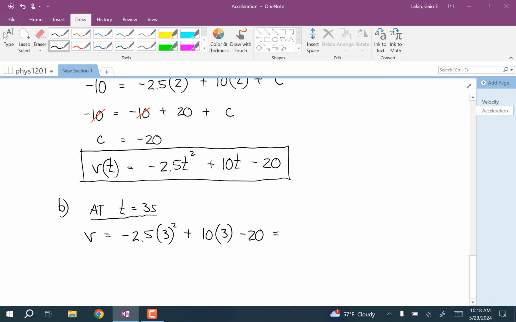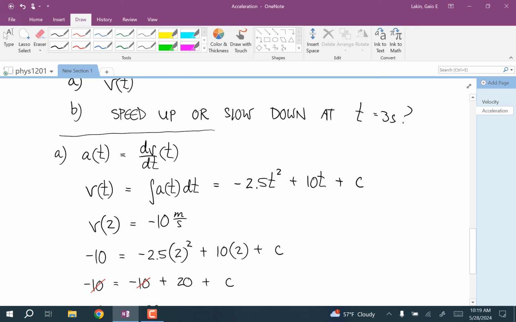Let's just make sure. And for this, I get an answer of negative 12.5 meters per second.